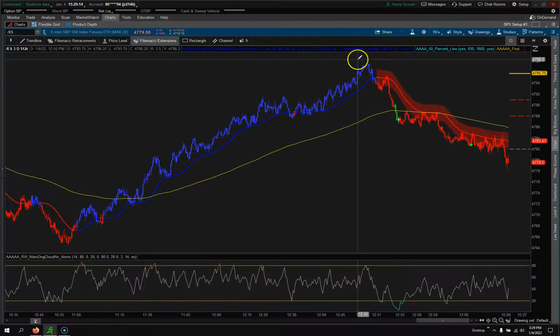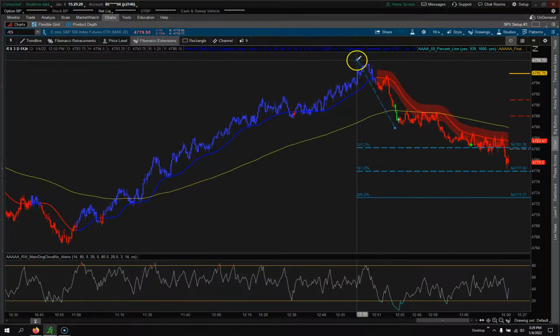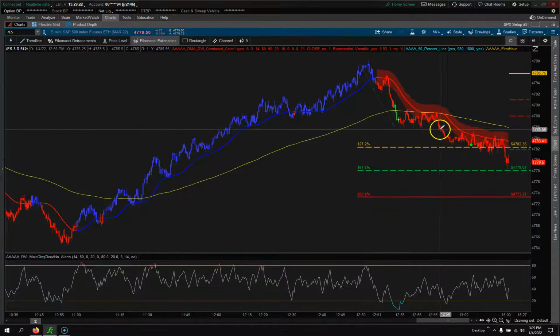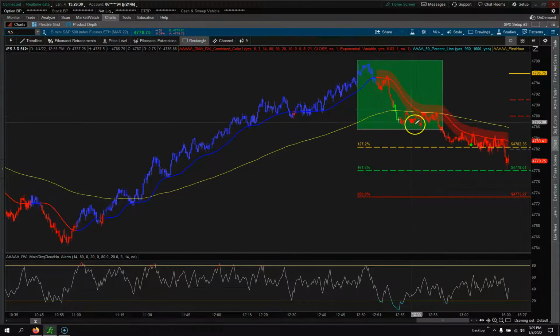So we'll just grab the Fibonacci. Probably we'll just use this entire leg right here, because this is the lowest point of all of this price action. I'll just highlight it. Nice sideways kind of bear flag.